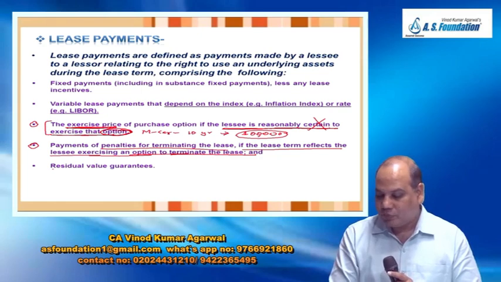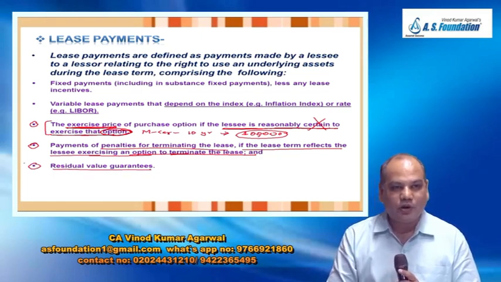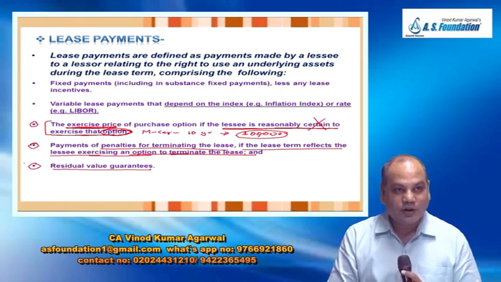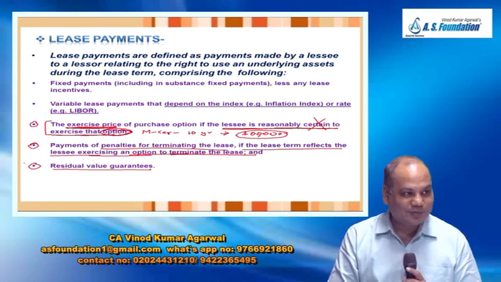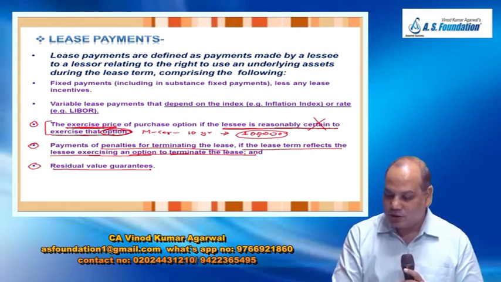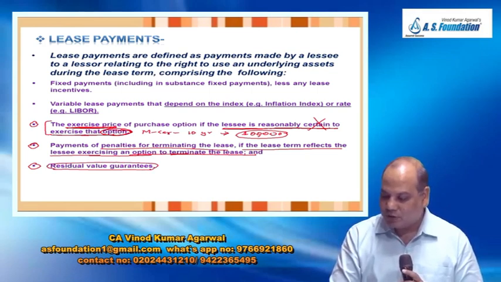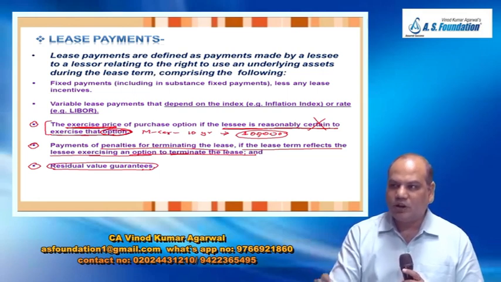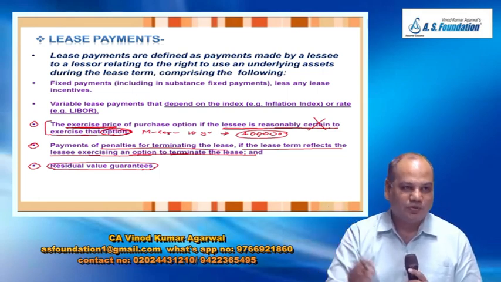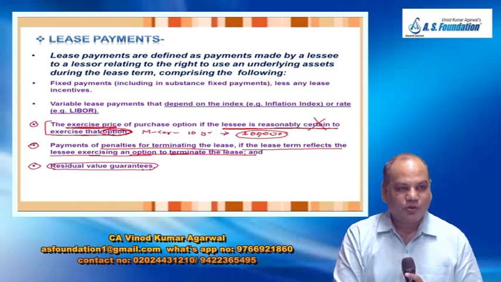And then, in case the lessee has given a residual value guarantee. Oh, this we had studied in the old lease standard also. What is a residual value guarantee? That is, after some years, the lessee pays a lump sum amount. He promises to pay a lump sum amount to the lessor.